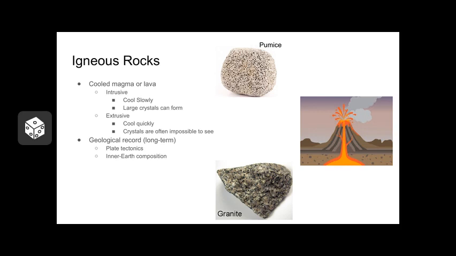The opposite would be extrusive rocks, which are ejected from the ground in some way, sometimes through a volcanic eruption, sometimes through separation of two tectonic plates, and they cool relatively quickly.